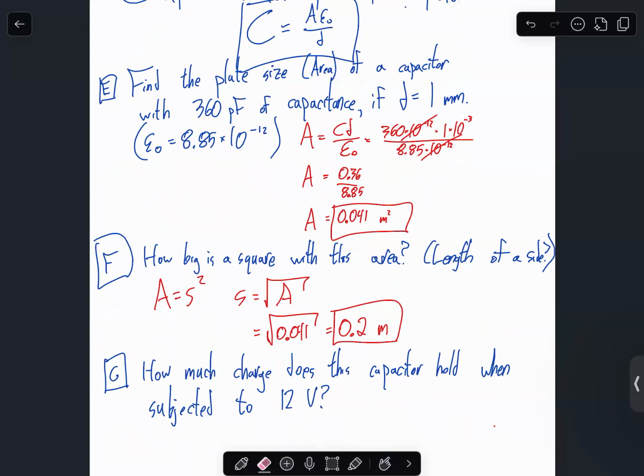I'm going to ask you, suppose I take this capacitor and hook it up to a car battery. If I take this capacitor and subject it to 12 volts of voltage, what happens? How much charge flows onto the plate? Use the definition.